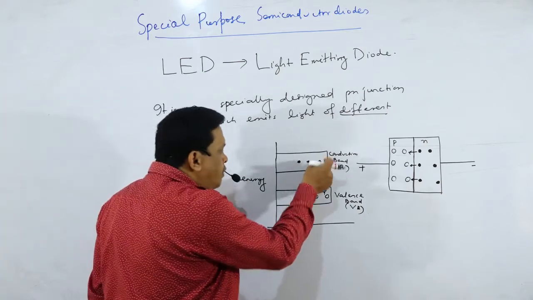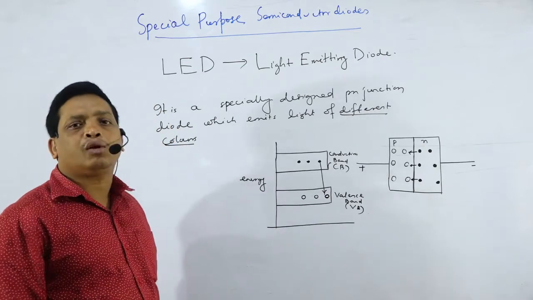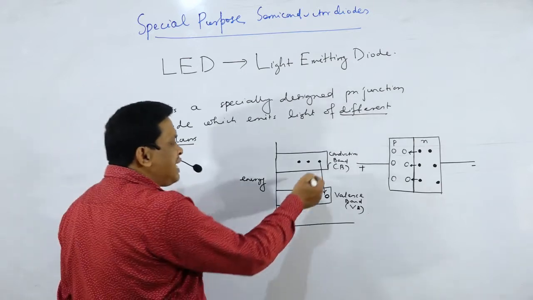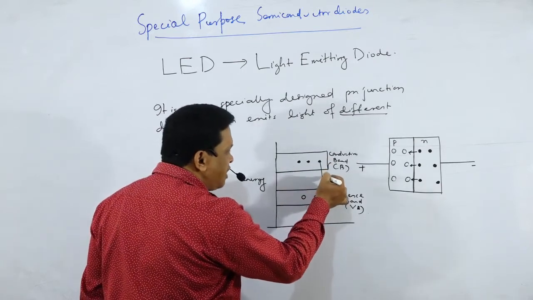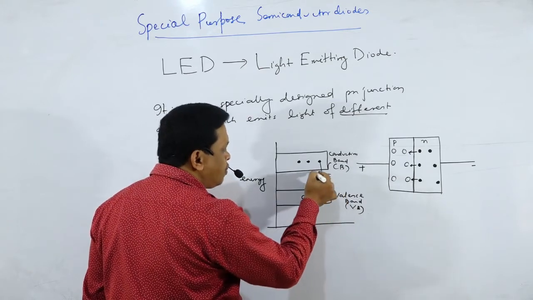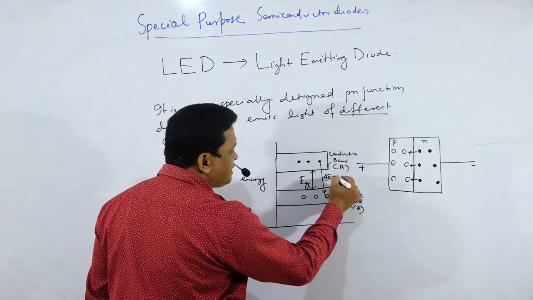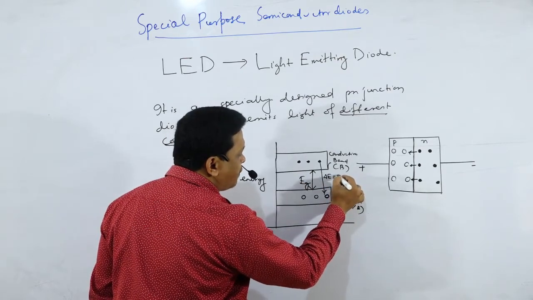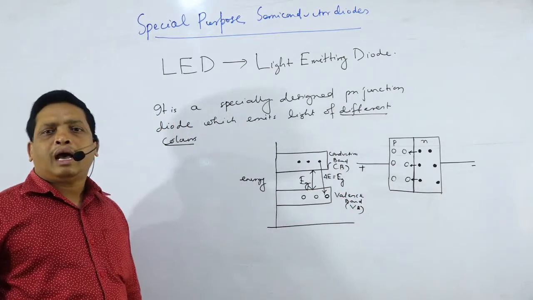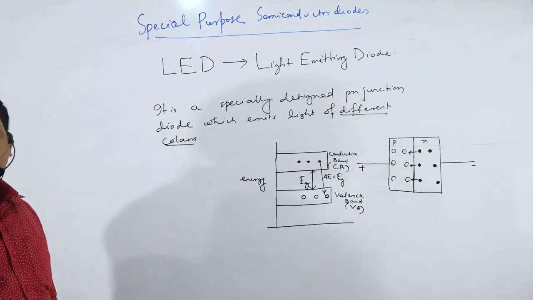So when it combines with the hole, a valence electron is formed which has less energy. So this extra energy, the energy difference, which is equal to the band gap energy Eg, is emitted in the form of an electromagnetic radiation or photon.